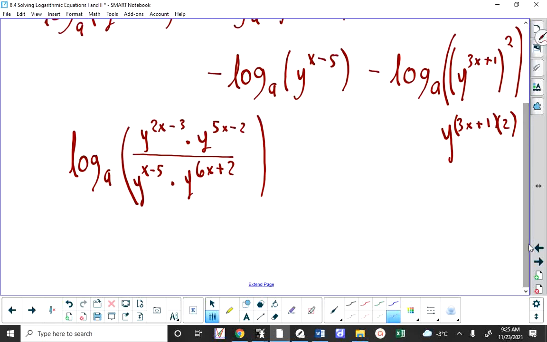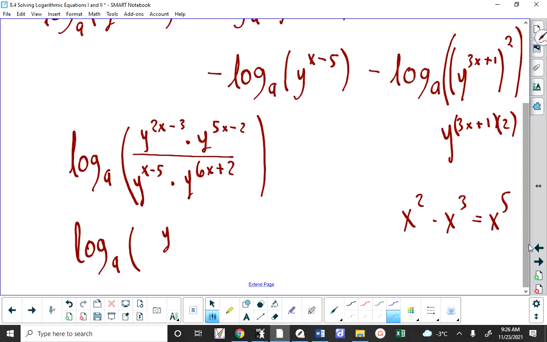How do we simplify this? Well, when you look at the top of this argument, you have a common base of y, and you're multiplying two powers with a base of y. You have to add the exponents. That's the rule. x squared times x cubed is x to the 5 because x squared is x times x, and then x cubed is x times x times x.